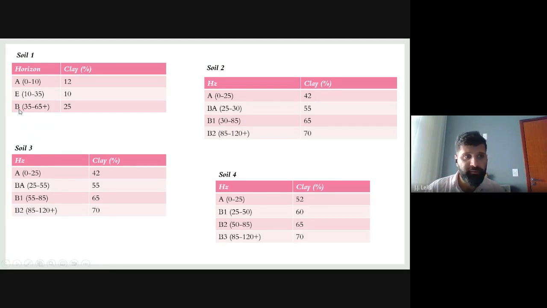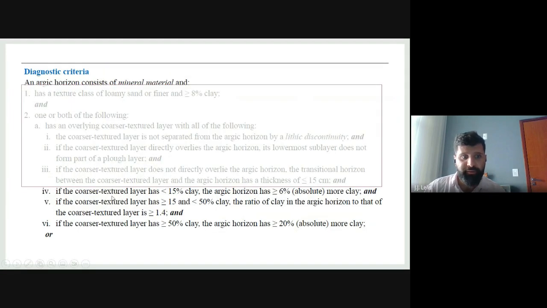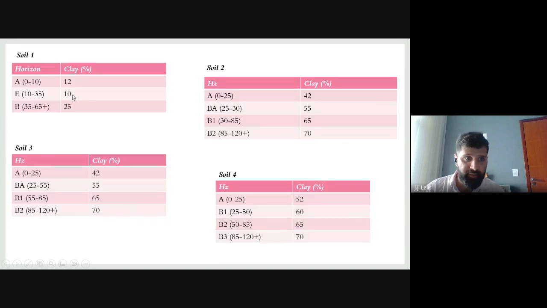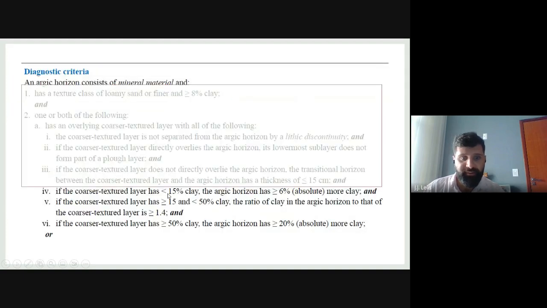And the B horizon starts at 35 centimeters and below. Okay. The clay content of the A horizon is 12%, 10% for E, and 25% for the B horizon. So let's see. The coarser texture layer, in this case the A horizon, presents less than 50% of clay.